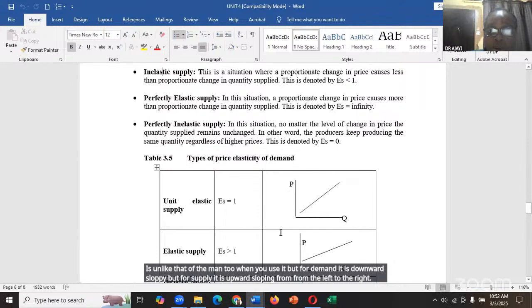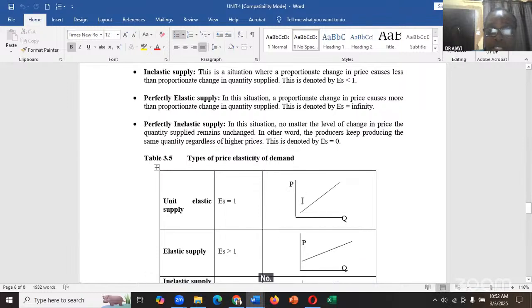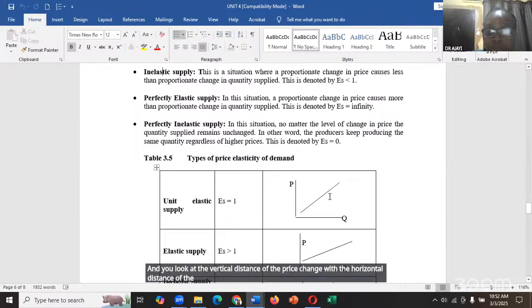Now, if you are looking at this, any change in price, and you look at the vertical distance of the price change with the horizontal distance of the quantity response, you will see that it is exactly the same for a unitary elastic supply.